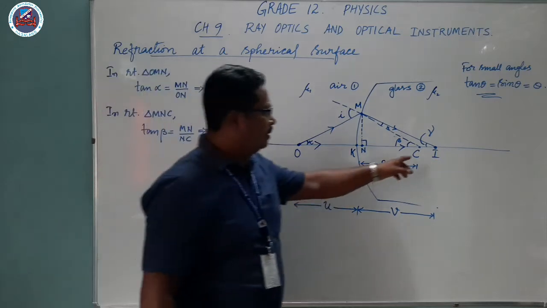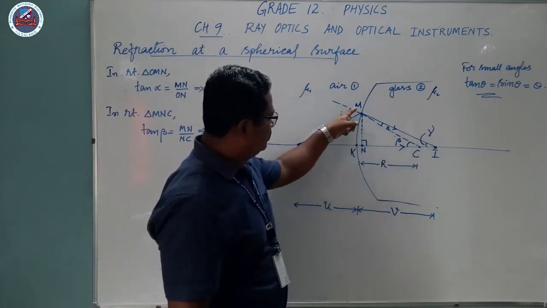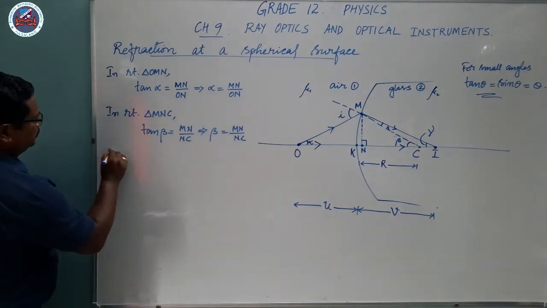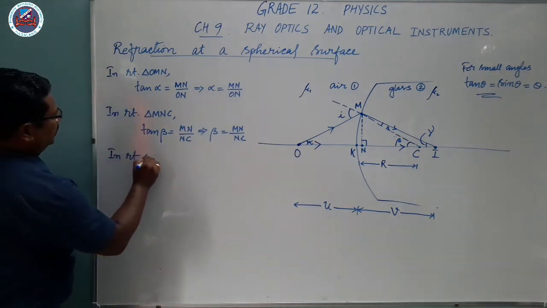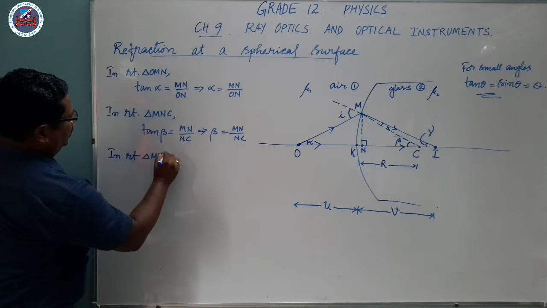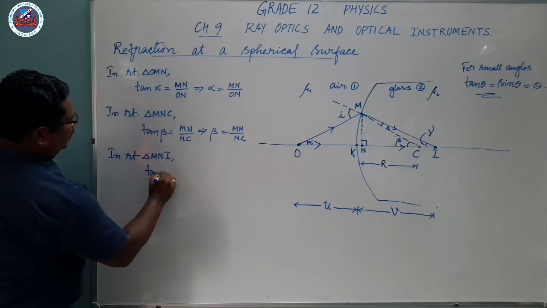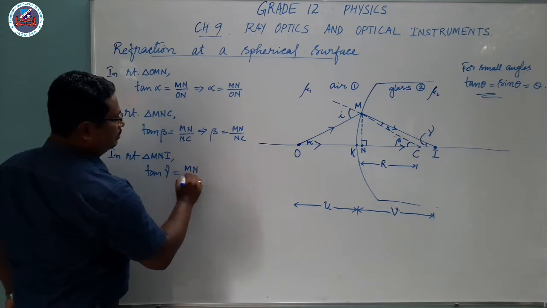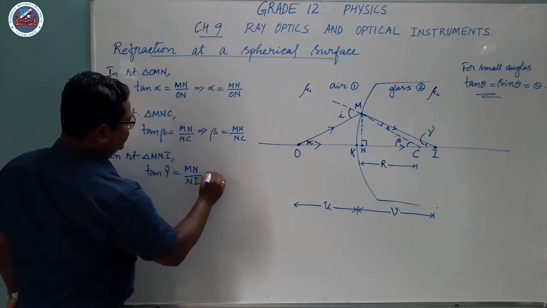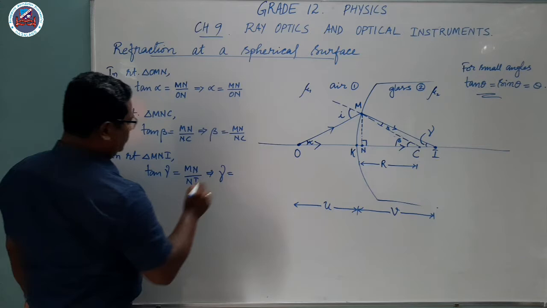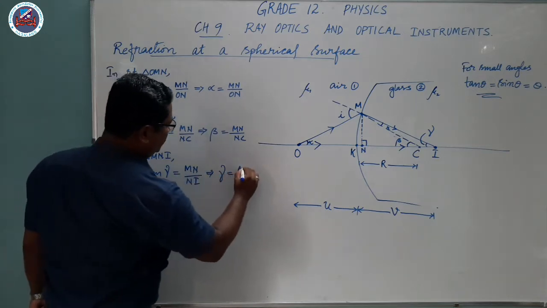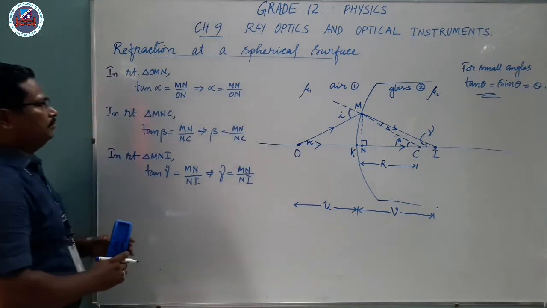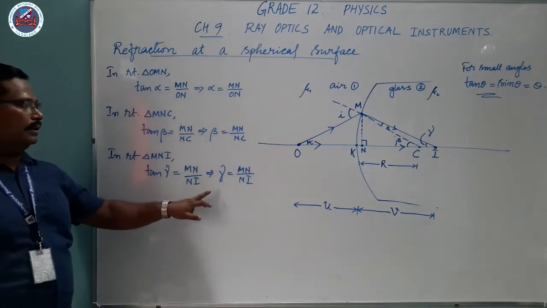Likewise, gamma you can find out if you take right triangle MNI. In right triangle MNI, tan gamma is equal to MN divided by NI, and this will give us gamma is equal to MN by NI. So first of all, you find out alpha, beta and gamma.